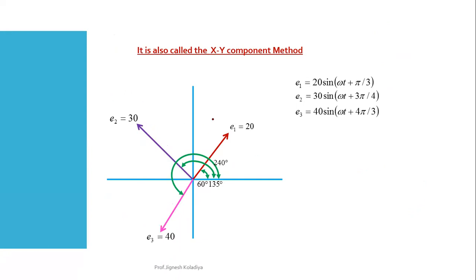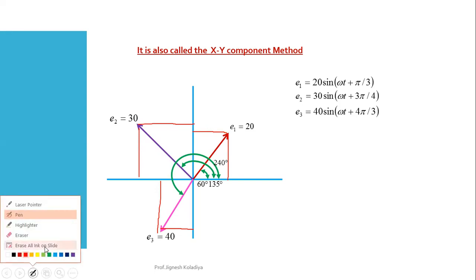You can find the x and y component of each and every vectors like this, x component and y component. Similarly, x component of this and y component of this, x component of this and y component of this, right? So how many x components are there and how many y components? 3x and 3y. All three are added together for x and y, you will get the resultant. Okay.